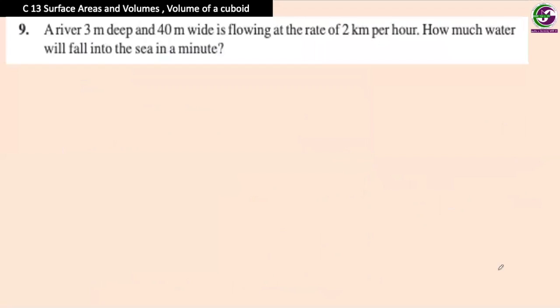Now let's see the last question. A river 3 meter deep and 40 meter wide. So we have the height and the breadth. It is flowing at the rate of 2 kilometers per hour. So in 1 hour, the length is 2 kilometers. So we have to take care of two things. This is for 1 hour.